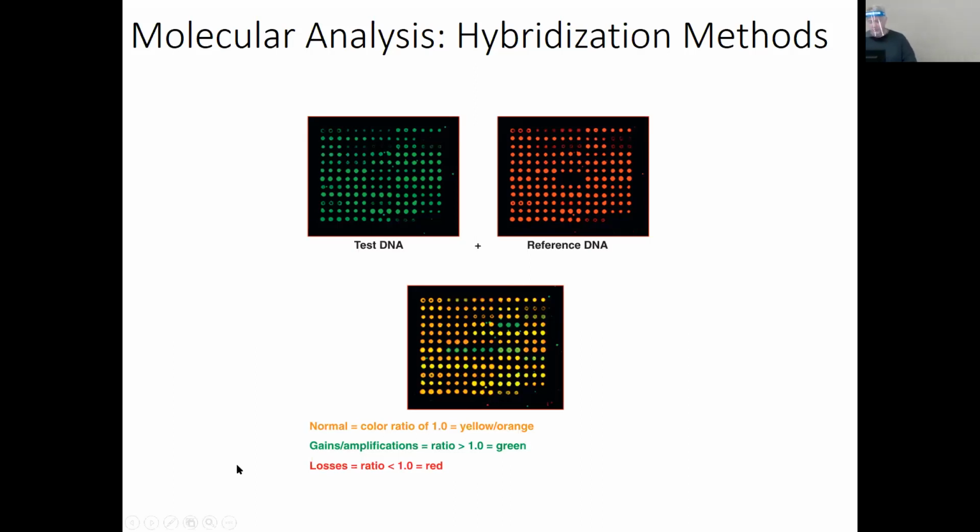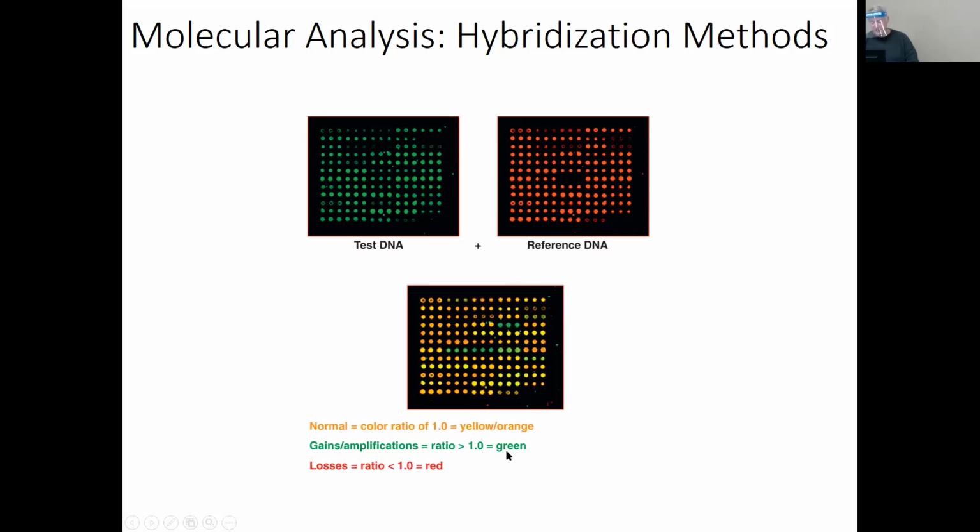So we use a reference range. Here you have a test DNA plus the reference DNA, and then you can see what cells have the test, because the test by itself would leave it green. If we found the DNA in the cell that we're looking for, green and red make yellow, and you can see that normal equals a color ratio of 1, yellow and orange.